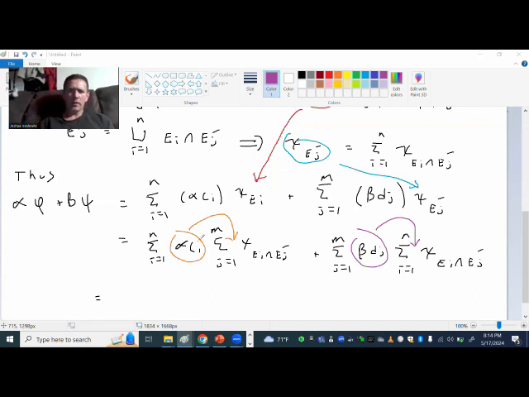You can always do that. Sorry. But anyway, either way, this is sum I equals 1 to n, sum j equals 1 to m, alpha c_I plus beta d_J.